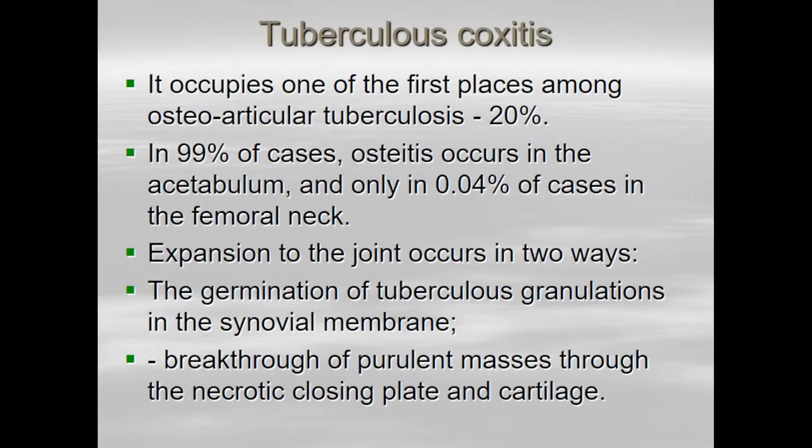Spread to the joint occurs in two ways. First, the germination of tuberculous granulations into the synovial membrane and breakthrough of purulent masses through the necrotic closing plate and cartilage.